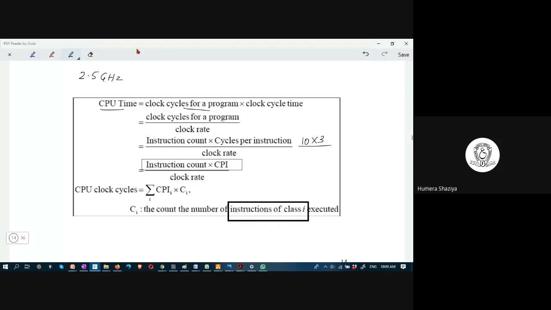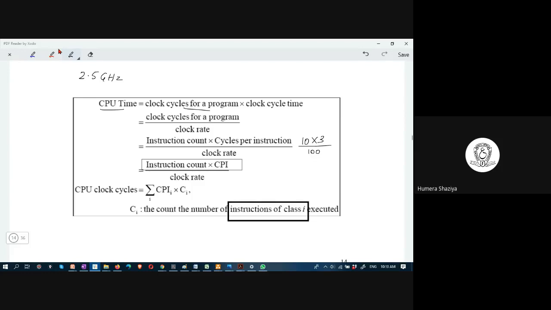And what is the clock rate? Consider CPU can execute 100 instructions per second. In reality, it is much more. For a simplified example, here I am considering 100. That gives rise to instruction count into clock cycles per instruction over clock rate.